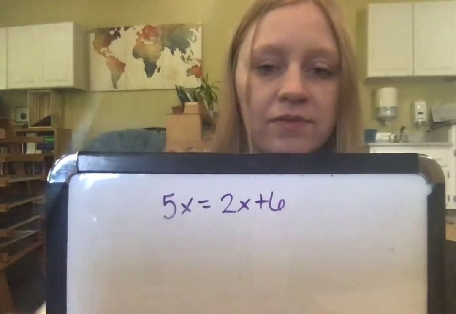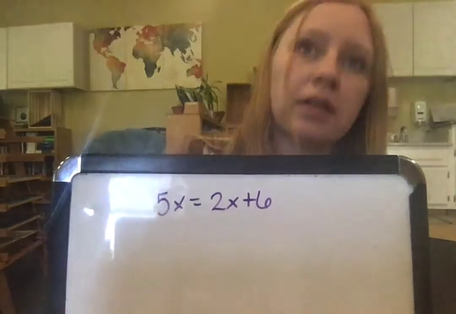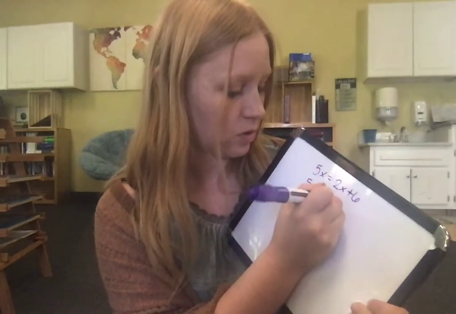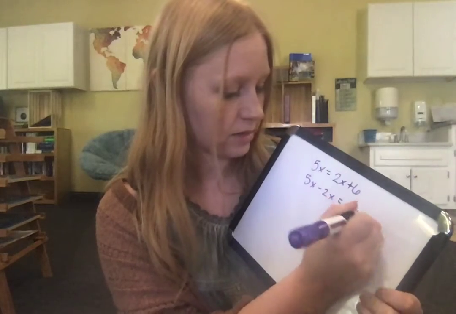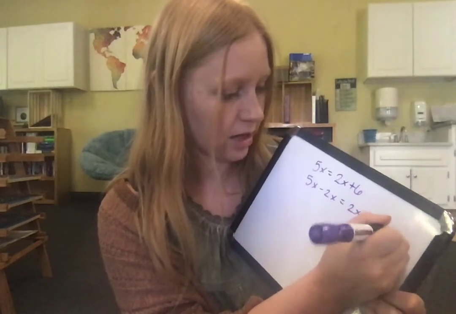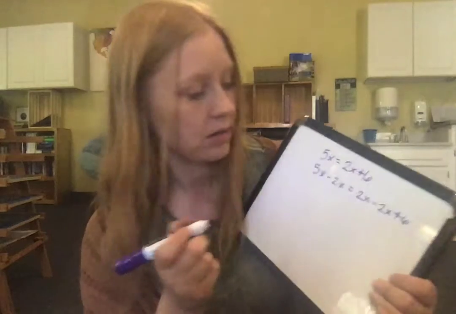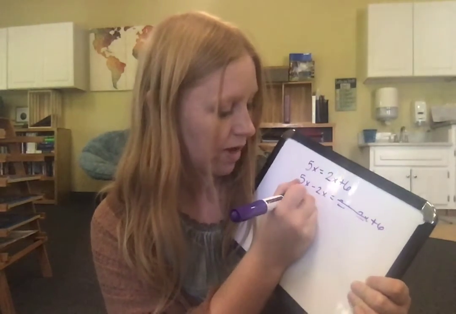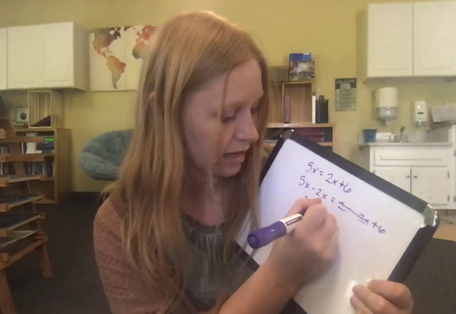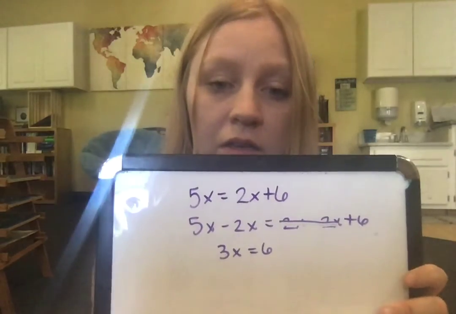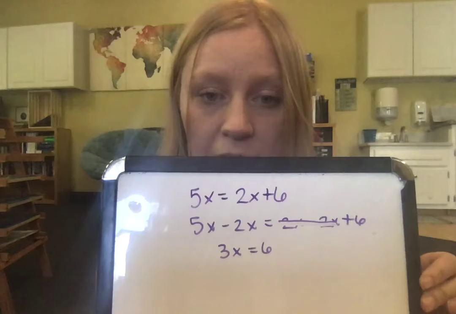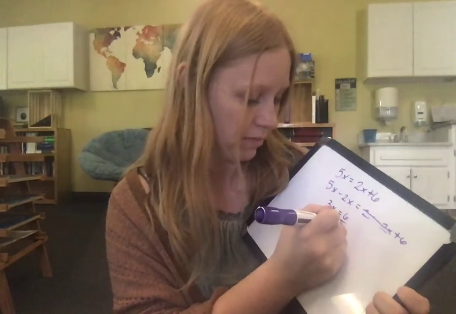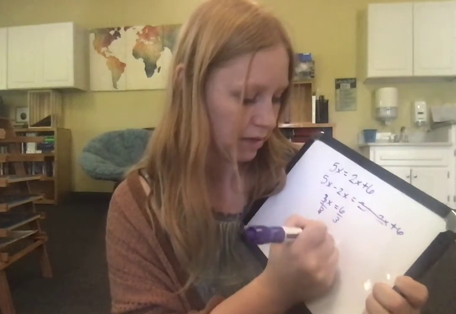I have a positive 2x to make 0, negative 2x. 5x minus 2x equals 2x minus 2x plus 6. 2x minus 2x is going to give me 0. 5x minus 2x is going to give me 3x equals 6. What do I need to do next? I need to divide both sides by what? By 3. X equals 2.